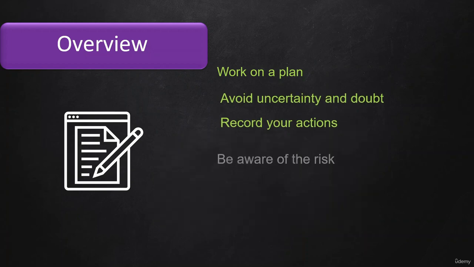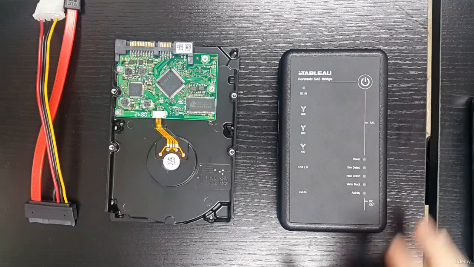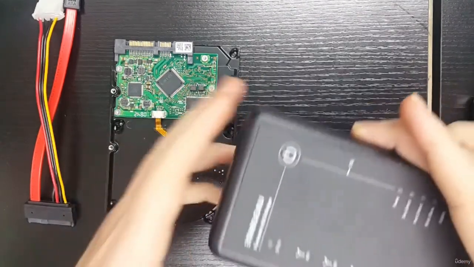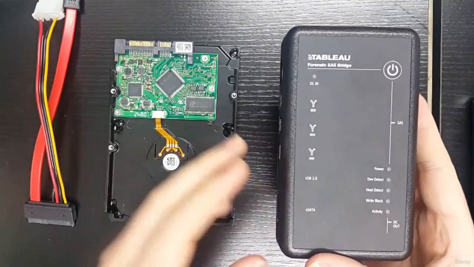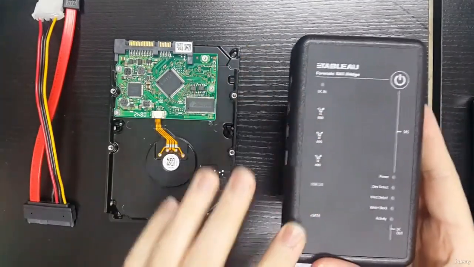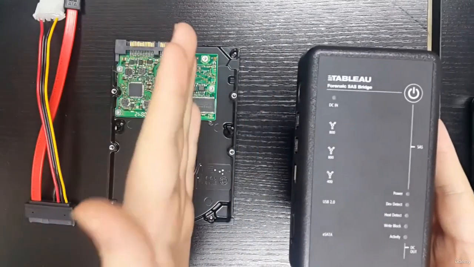And be aware of the different risks that are involved with dealing with a live machine. Indeed, if you are going to be using a USB drive with FTK Imager on it for the collection of data, we suggest you use a write blocker. The write blocker has to be used between the USB device in which FTK has been pre-installed and the suspect machine. So it has to be the bridge between the USB device and the suspect machine.